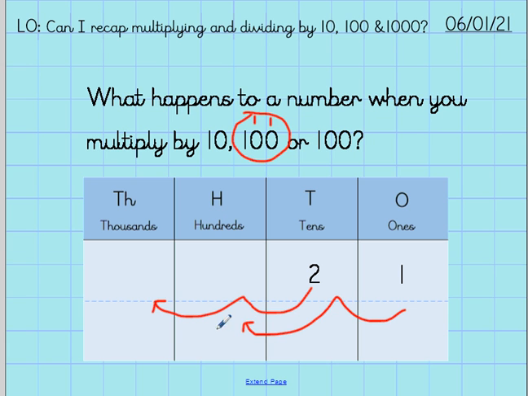So we now are going to have our 2 becoming the thousands, our 1 becoming the hundreds, and we need to remember those placeholders. Those placeholders are extremely important, and they're going to be really important when we come on to column multiplication in the early part of next week. So we now know that 21 times 100 is 2,100.